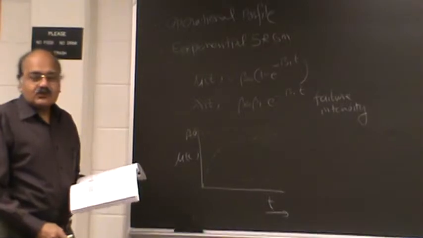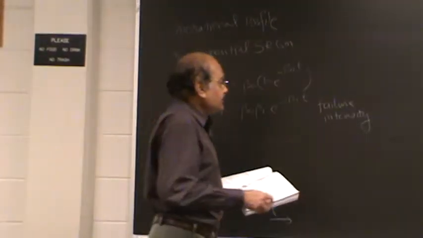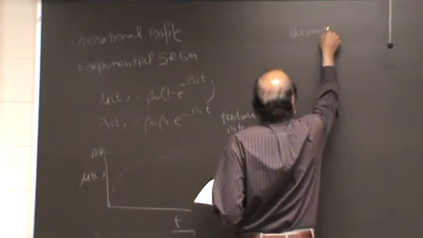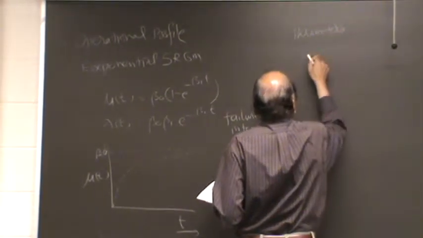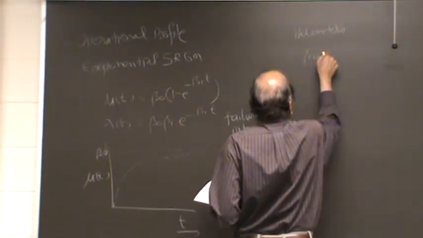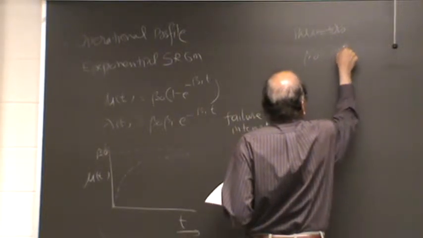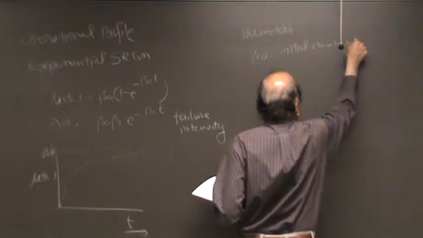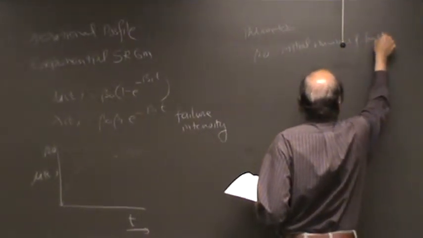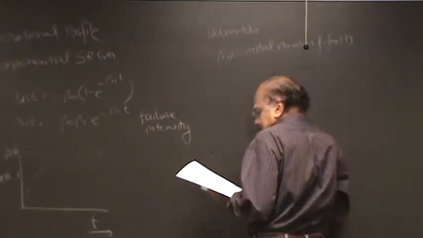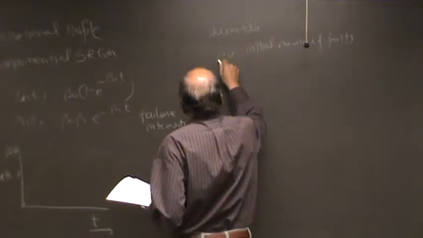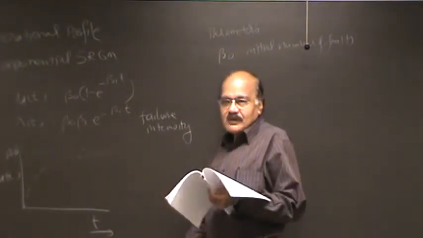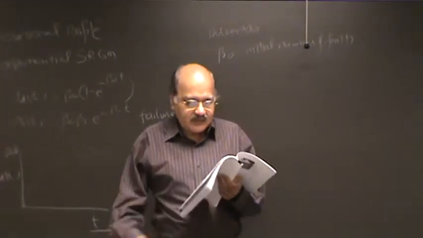So beta 0 is, we can say, the initial number of faults that are present in the software, and hence the eventual number of faults that would be found if you keep on testing forever.